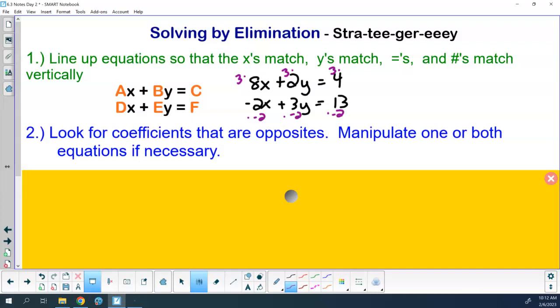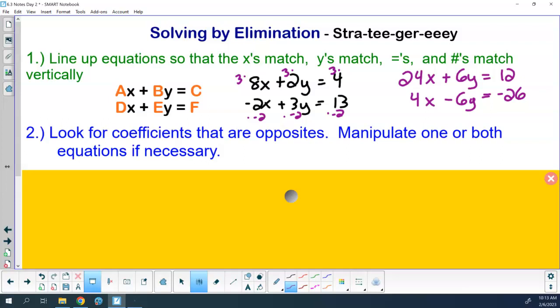That gives me 24x plus 6y equals 12 on top, and 4x minus 6y equals negative 26 on the bottom. Same system, right? As long as I multiply every term of one line by the same number, it's the same system.